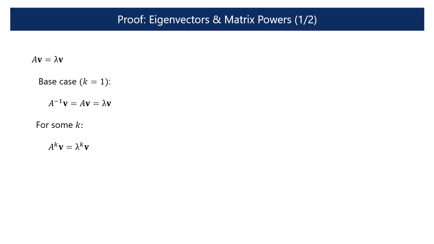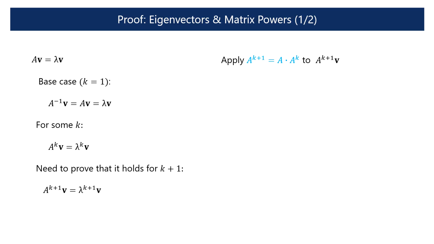Next, assume that for some k, the following holds. We need to prove that it holds for k plus 1. For matrix exponentiation, we know that A to the power of k plus 1 equals the product of A and A to the power of k.